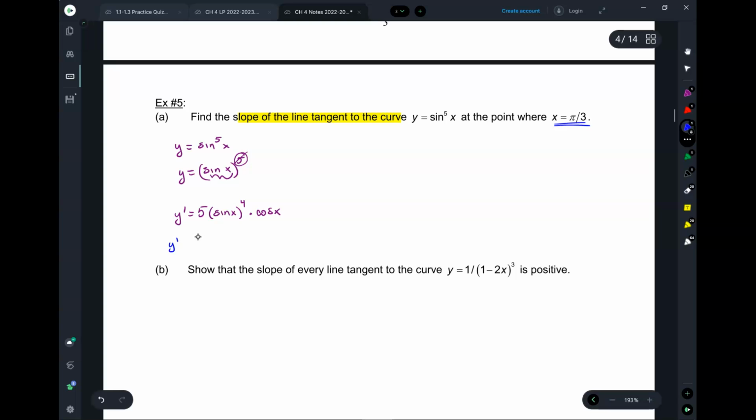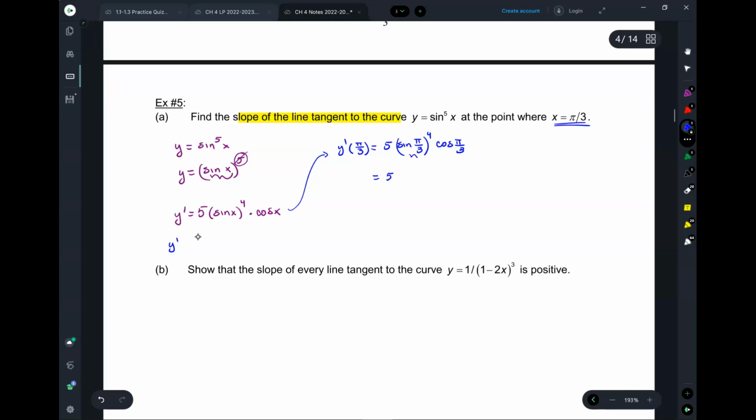So y prime at pi over 3 is 5 sine of pi over 3 to the 4 cosine pi over 3.